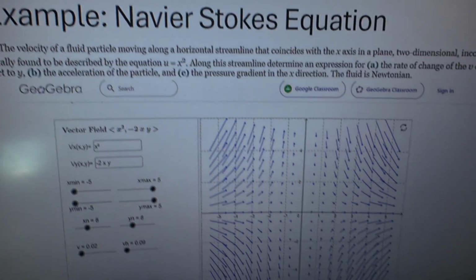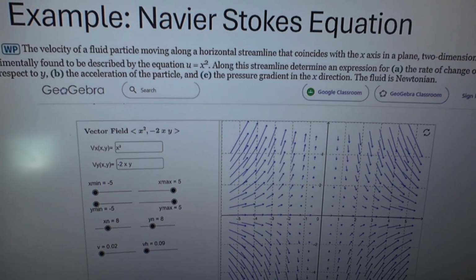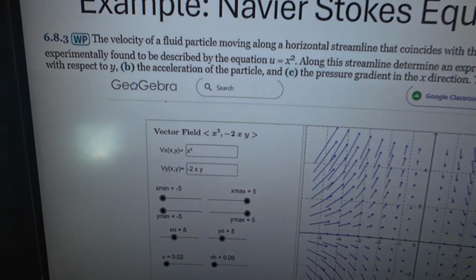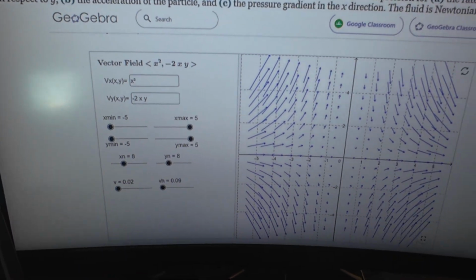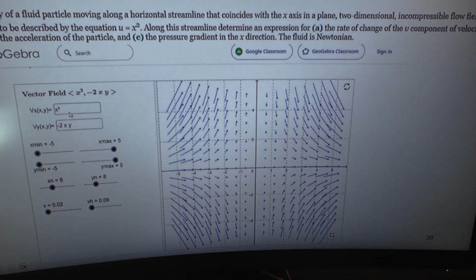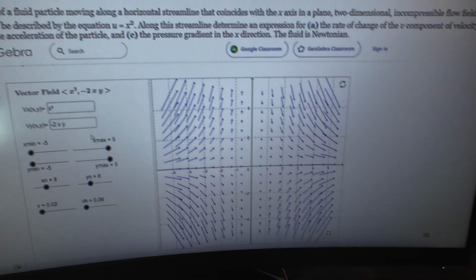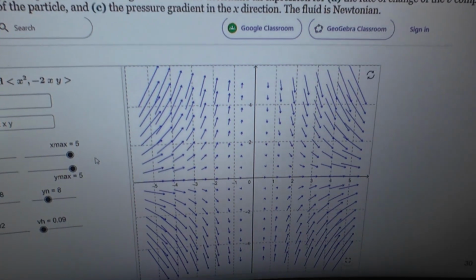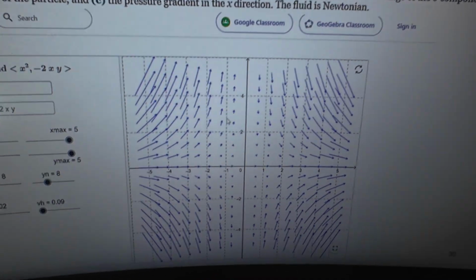I worked ahead and graphed this vector field for you using this GeoGebra website, just citing the source I used. Once you get both of your velocity equations for the x and y direction, I wanted to give you a graph and visual so you understand the problem better.